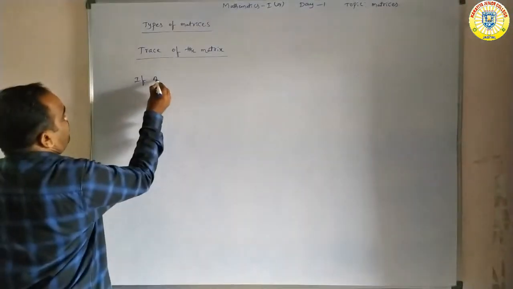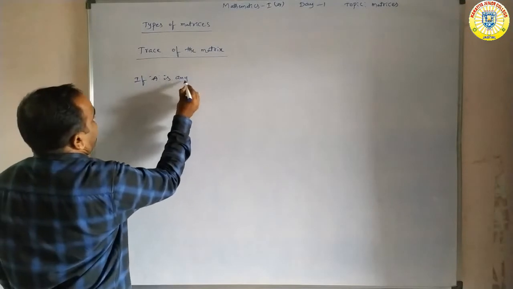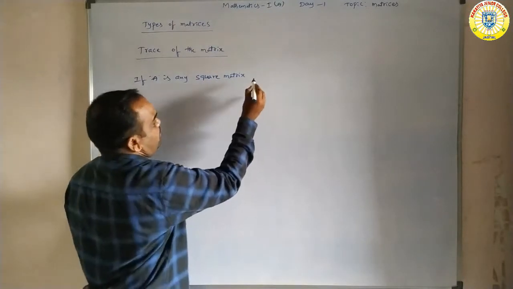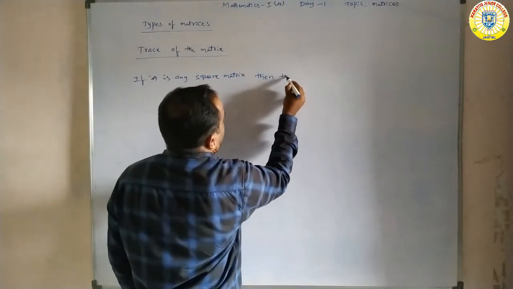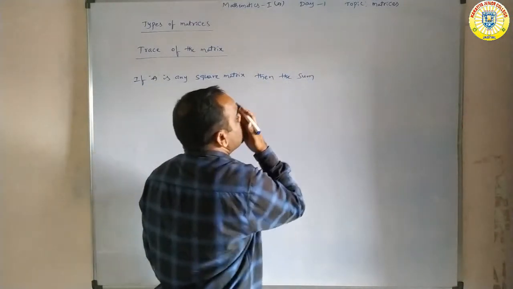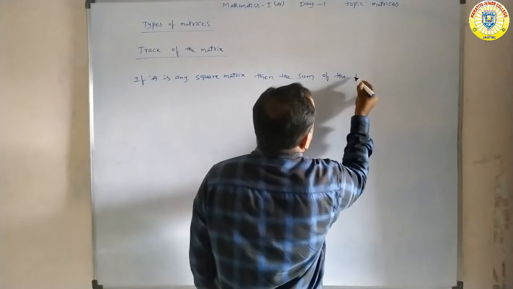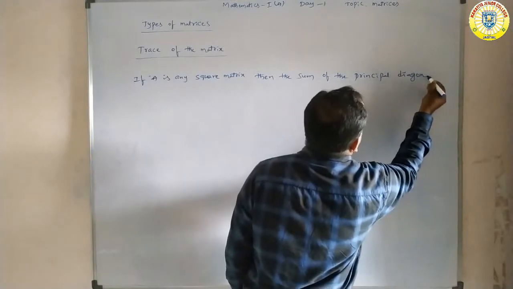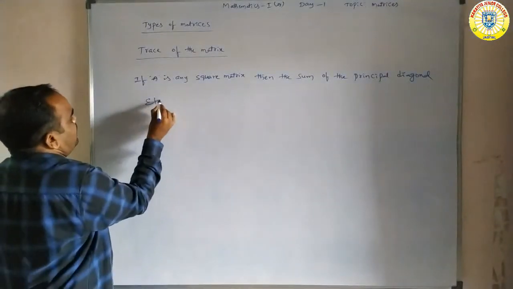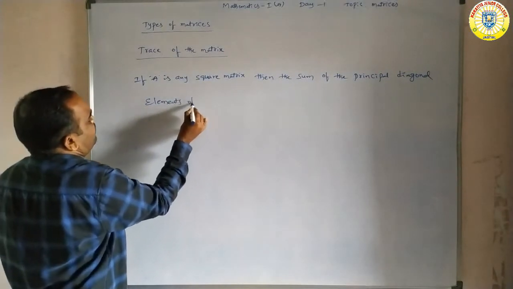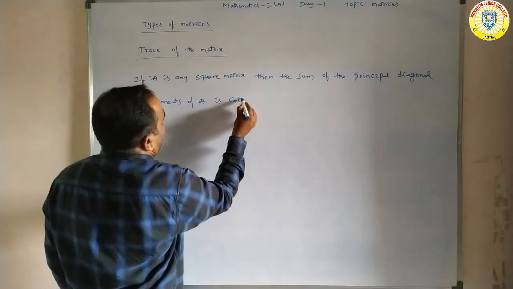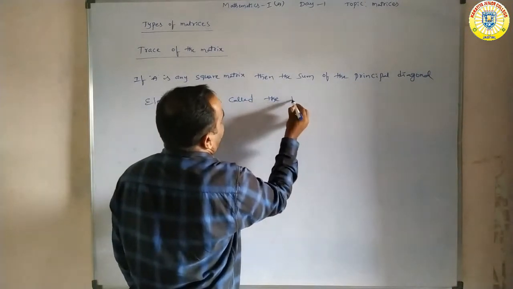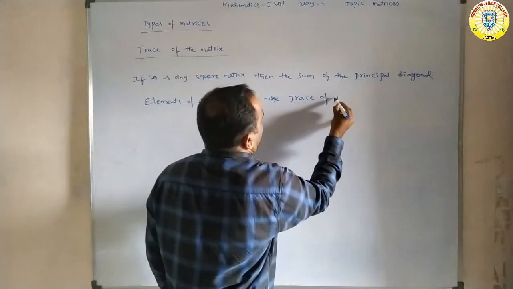If capital A is any square matrix, then the sum of the principal diagonal elements of capital A is called the trace of the matrix.